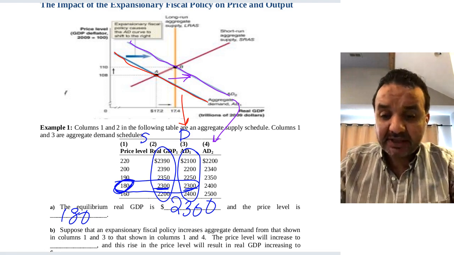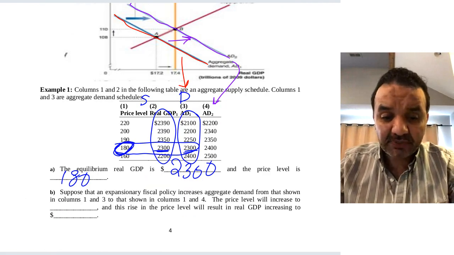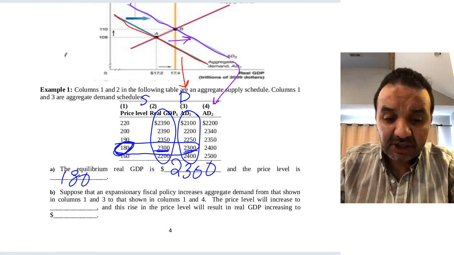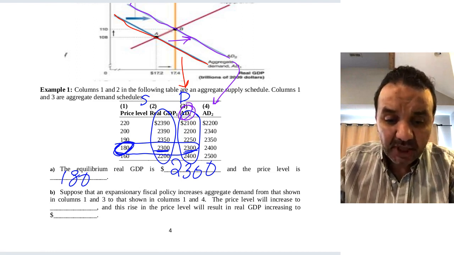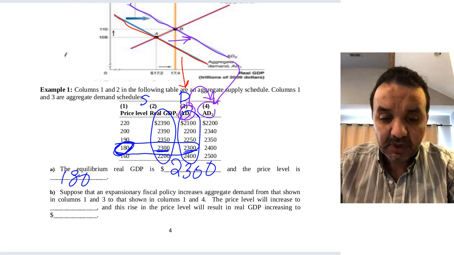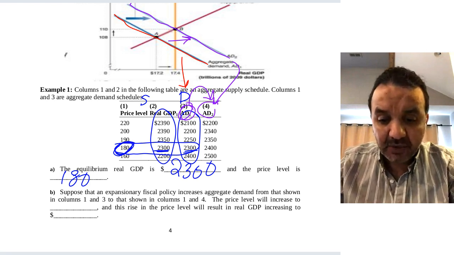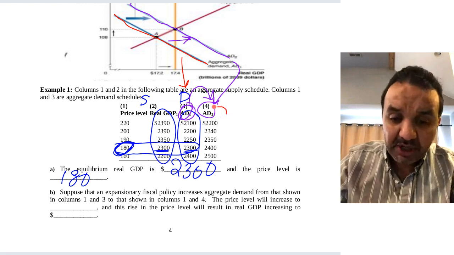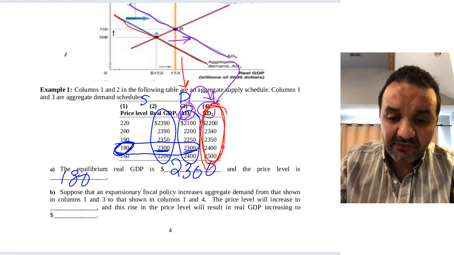Let's see this impact in the question. Question B says, suppose that an expansionary fiscal policy increased aggregate demand from that shown in columns 1 and 3, which is AD1, to that shown in columns 1 and 4. So it shifts from AD1 to AD2. The price level will increase to what? This will be the new aggregate demand, the demand column, and this is still the supply column.